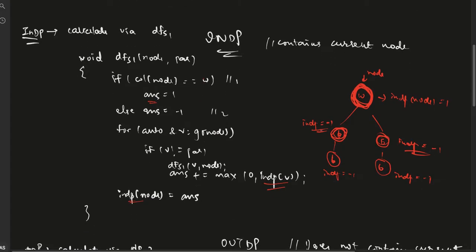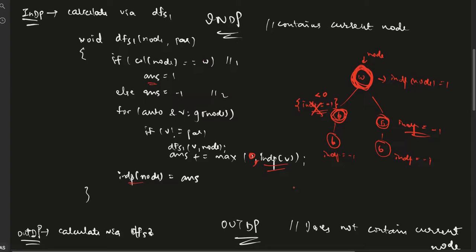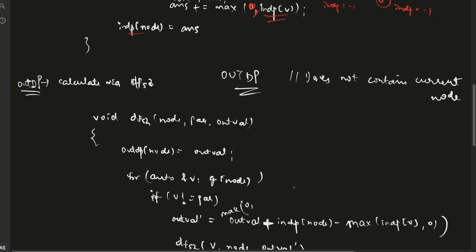So for maximum, whenever we see that a child has Ndp less than 0, that means that we don't have to include that child. So 0 is basically ignoring that child. Okay, so this is the explanation for Ndp.